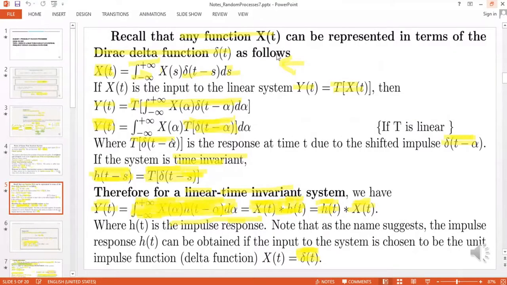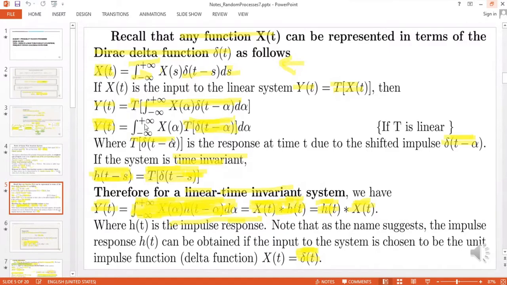So the Dirac delta function can be represented as x(s) delta(t minus s) ds, from minus infinity to plus infinity. If x(t) is the input to the linear system y(t), then you take the transform of this, and this is actually x(alpha) delta(t minus alpha), because this is the x(t) we defined in terms of the Dirac delta function, and then we have substituted here.